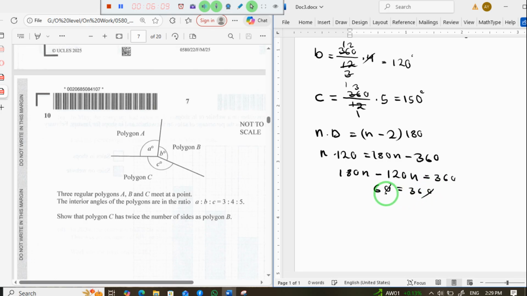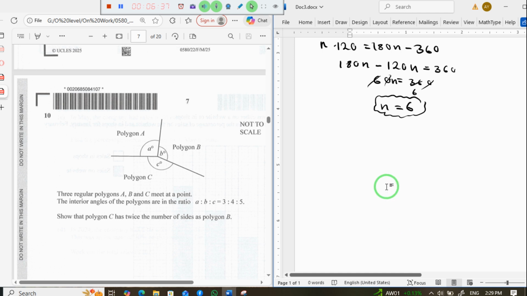Then n is equal to 360 divided by 60, so n is equal to 6. It means polygon B has 6 sides. Actually, it's a hexagon.